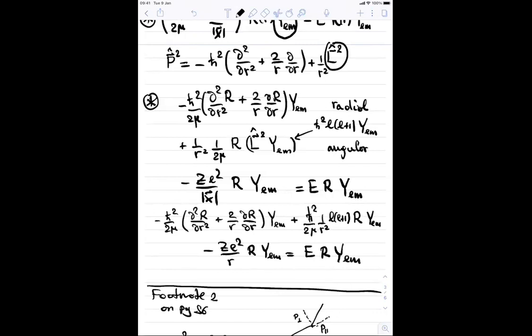Is it clear? This is the algebra of substituting the psi written as a radial function times a spherical harmonics, done totally, and just remembering that the Laplacian contains the angular momentum. Is it clear so far?